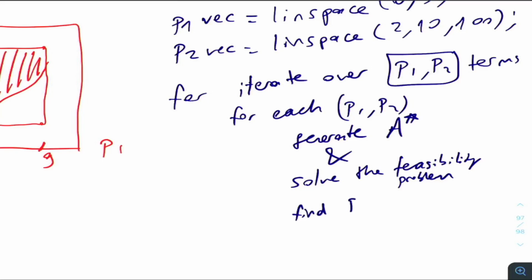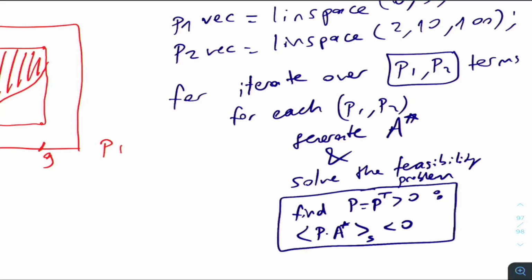Find P such that A star, let me write this, or I'm going to use shorthand notation. Just solve this feasibility problem.